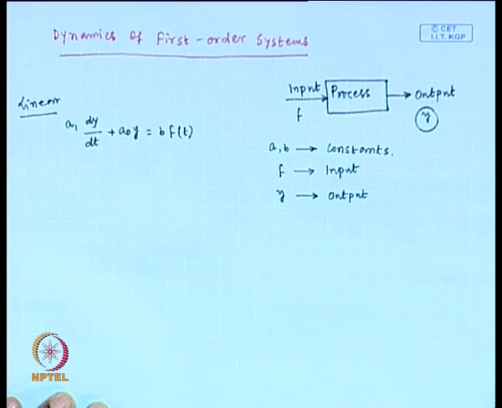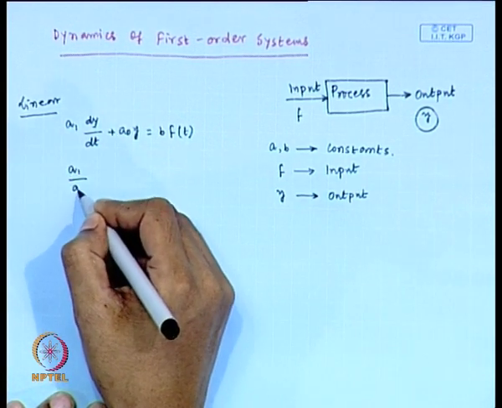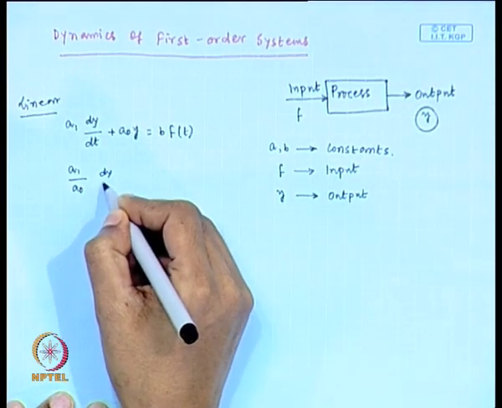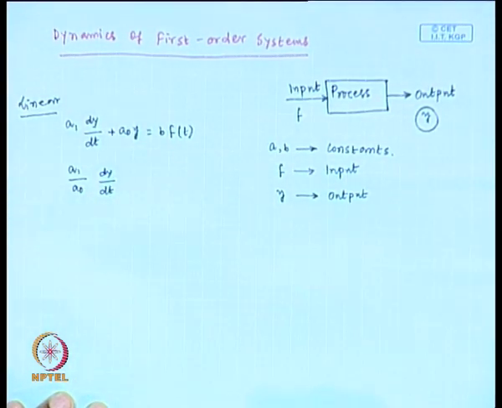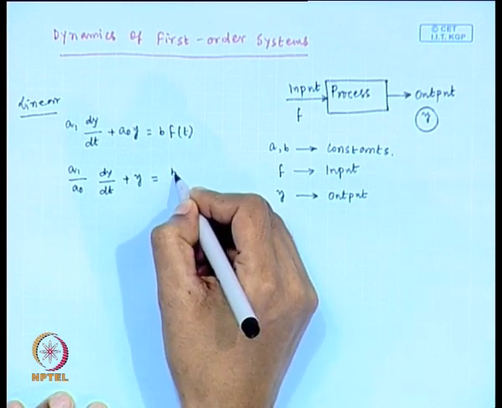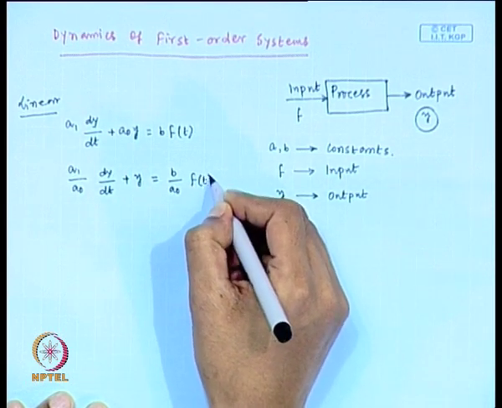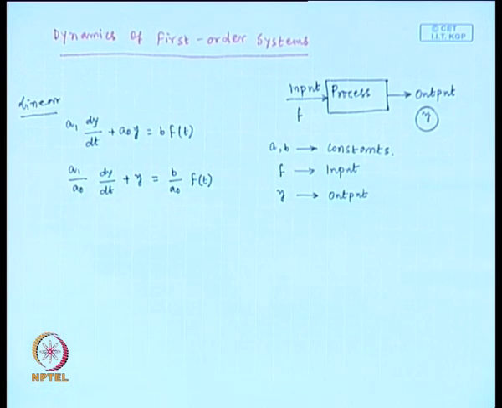Now, if we rearrange this equation, then we get a 1 divided by a naught dy dt plus y equal to b divided by a naught f of t. Fine. Now, before this I want to mention one thing, that we will consider two cases.